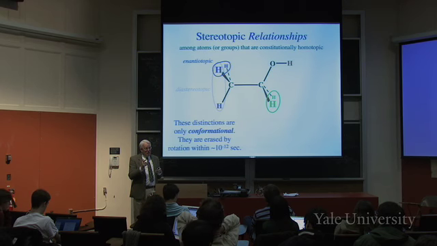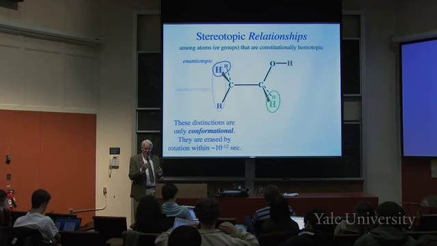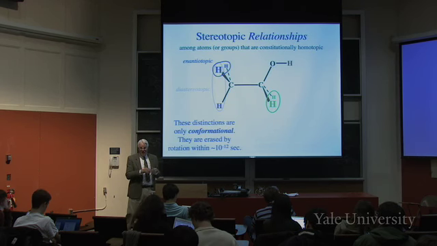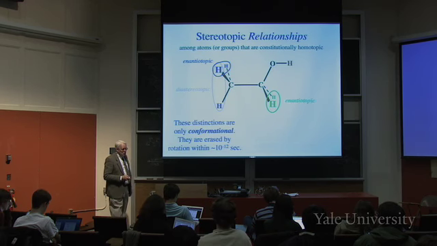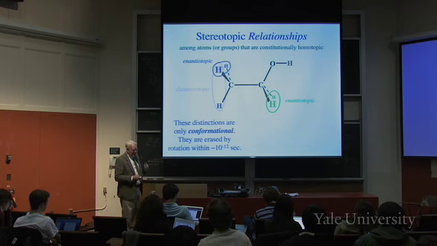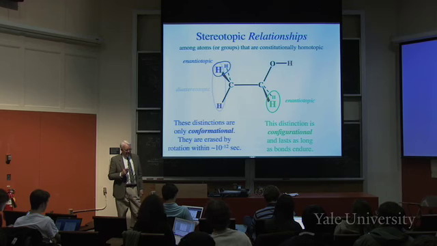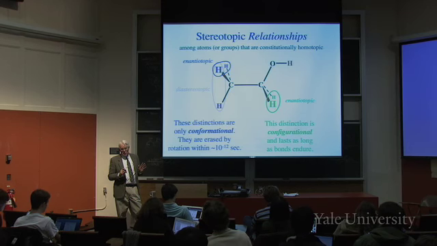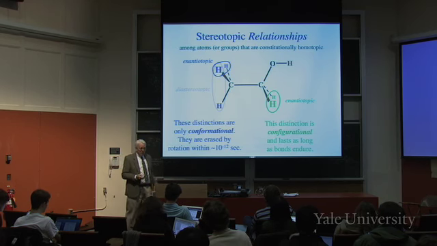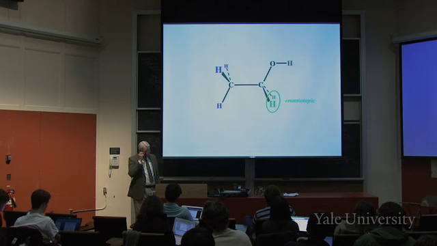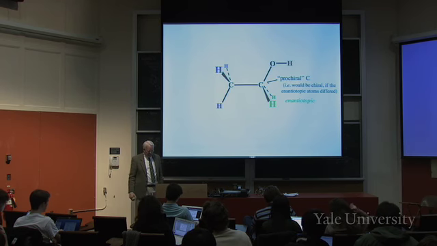But the important thing is you have to break a bond to change them, right? So that's not going to happen easily. Those are also enantiotopic, but configurationally enantiotopic. So that distinction will last, in principle, as long as the bonds endure. So there's quite a difference. Those two could be different. Now let's see if we can see a case where they're different.